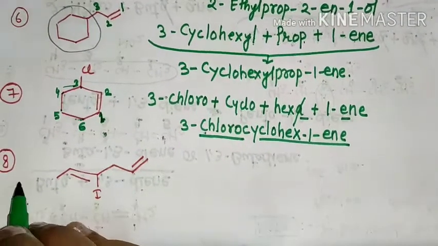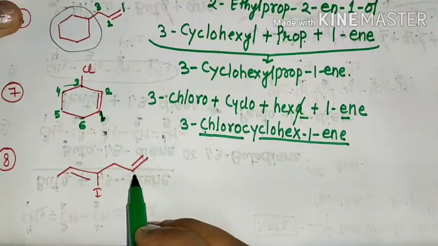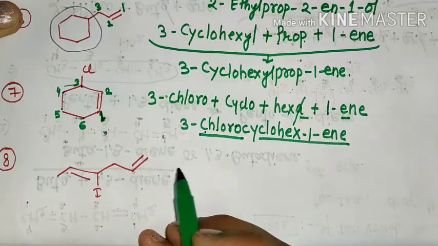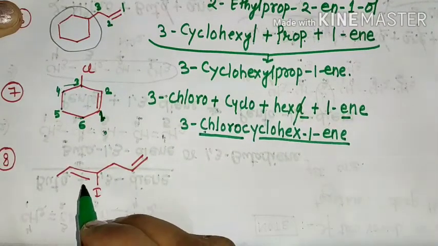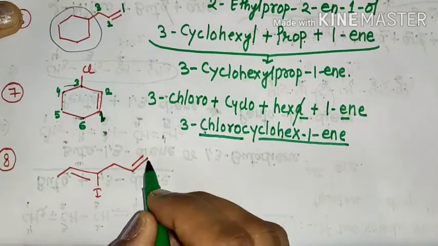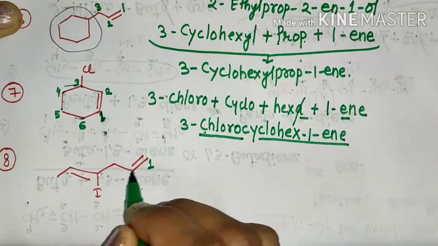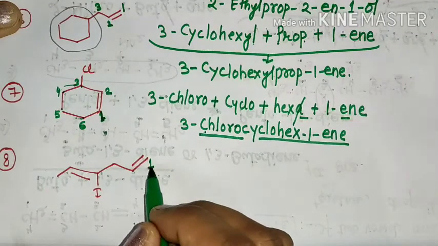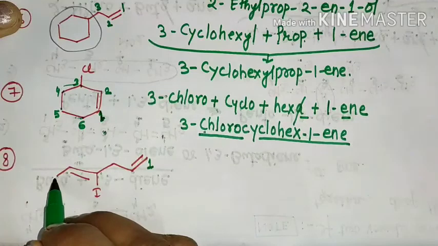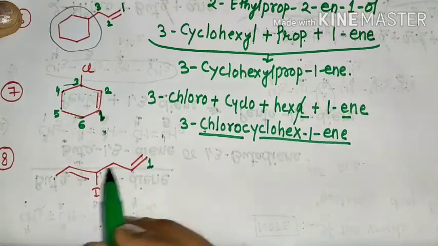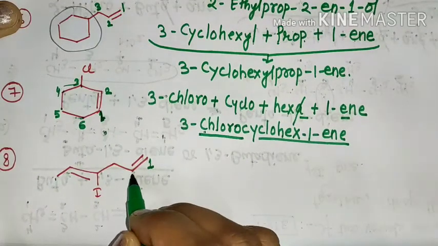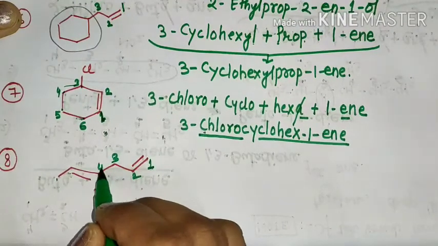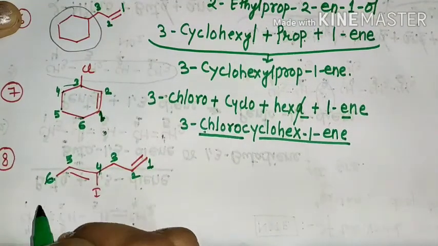Now come to the example number 8. Here also same, apply the same rules. So the numbering will start from this side, because from right side the double bond gets position number 1, from left the double bond gets position number 2. So we will start from right side 1, 2, 3, 4, 5 and 6.